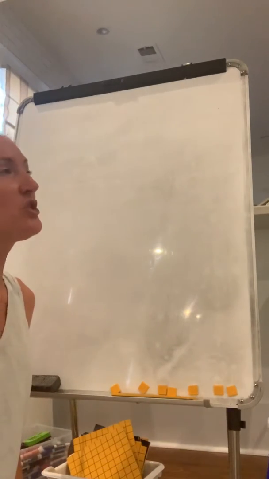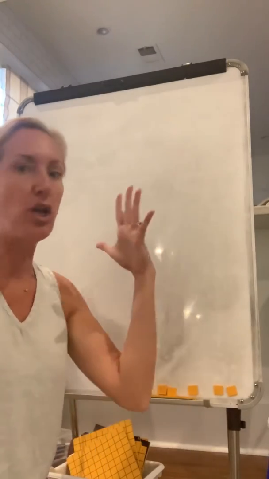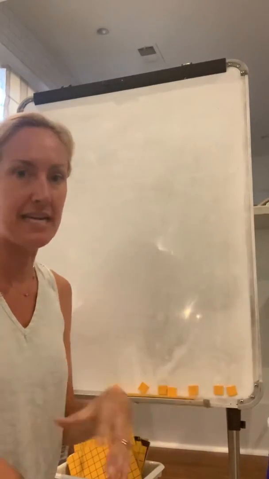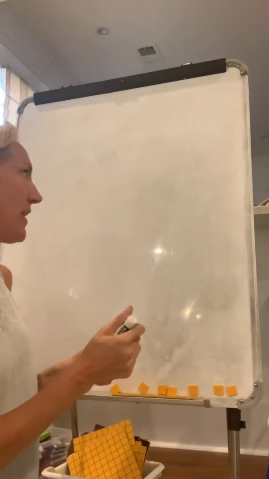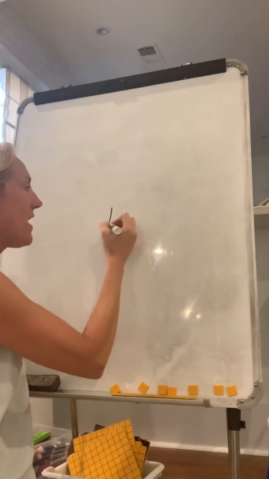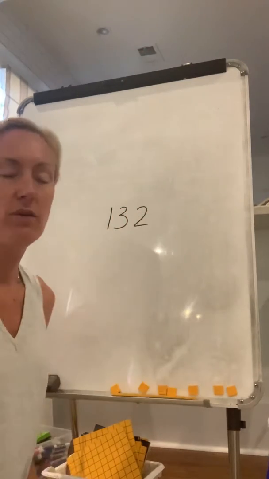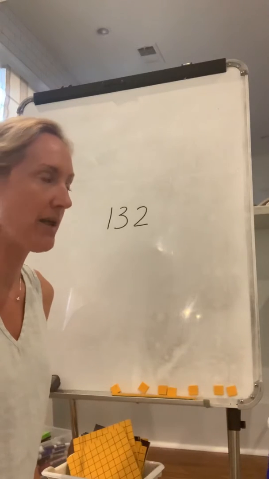Okay, so I'm thinking of a story, and let's say that there is an aquarium, like a huge aquarium like we visited on our field trip last week. They have 132 fish in this aquarium.